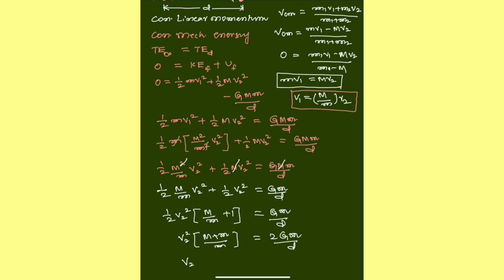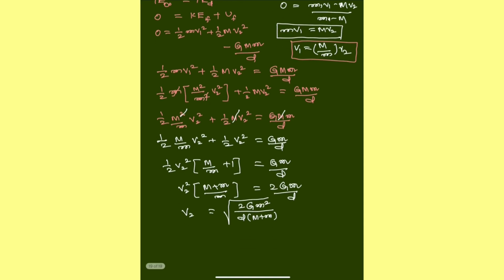So v2 is equal to the square root of 2 G m square by d times (M plus m).